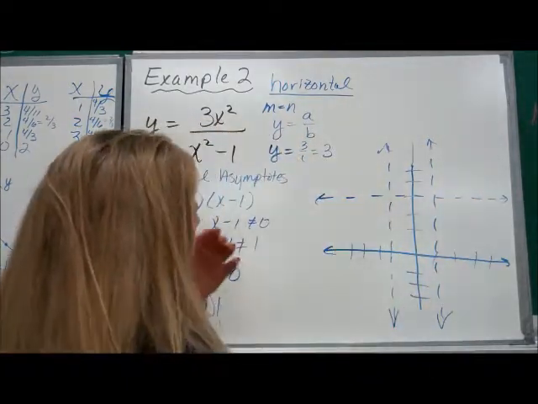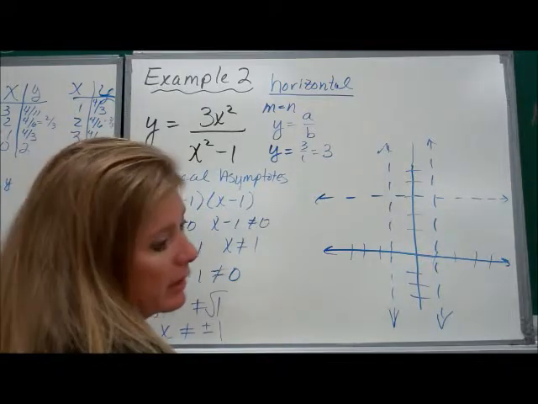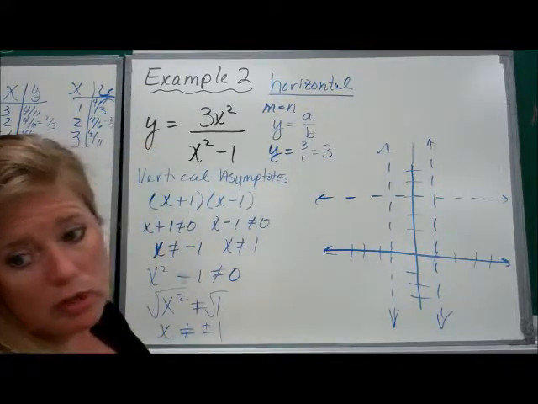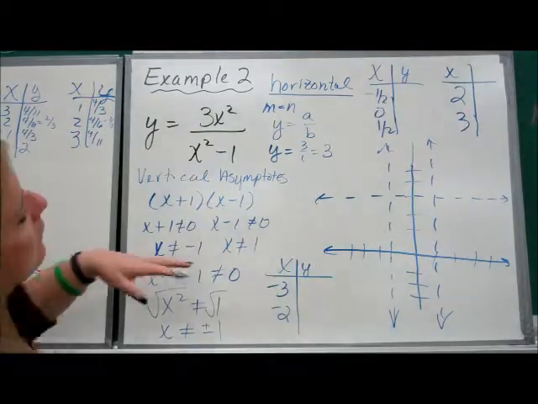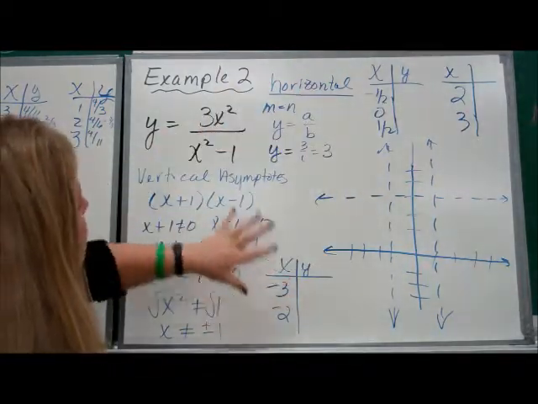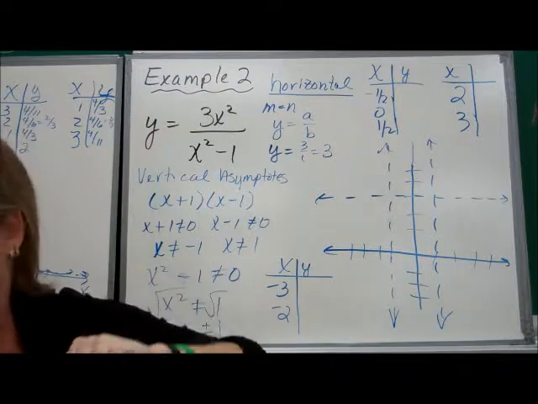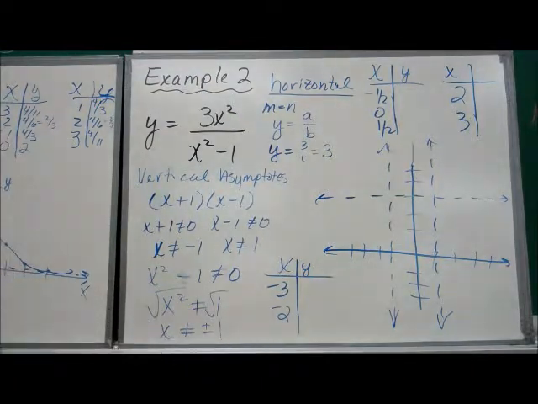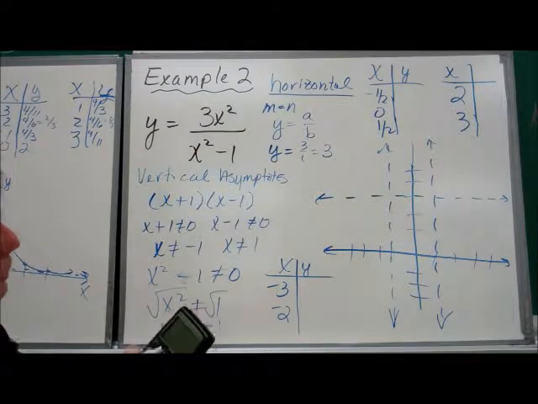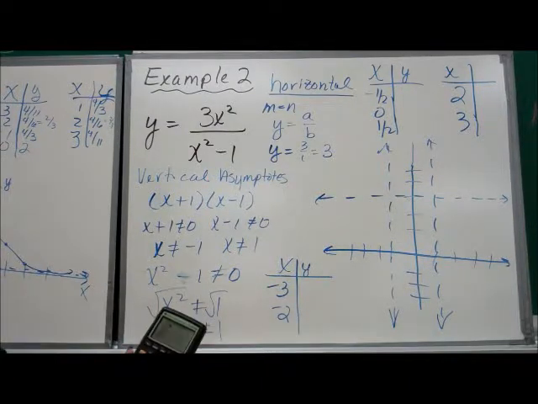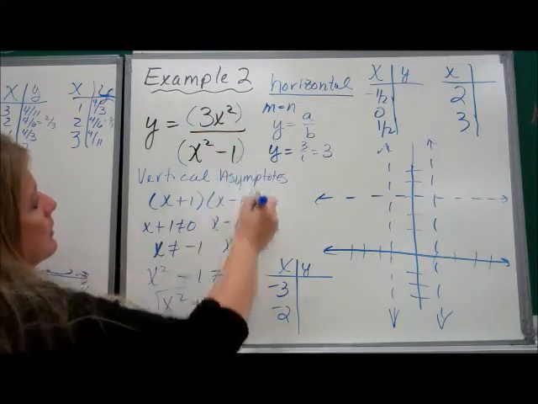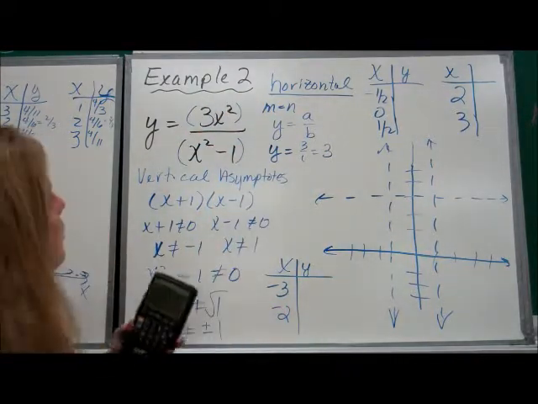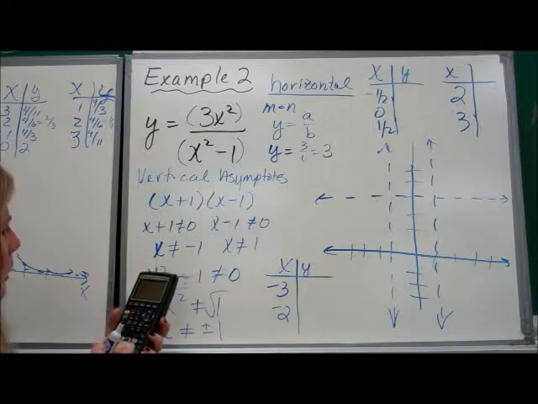Now, what I would do is use my calculator to figure out where my curves go. But if I don't have the calculator, then you just pick some points, plot them, and then graph them. I am going to use my calculator. When you put these into the calculator, it is very important that you put the entire numerator and denominator in parentheses.